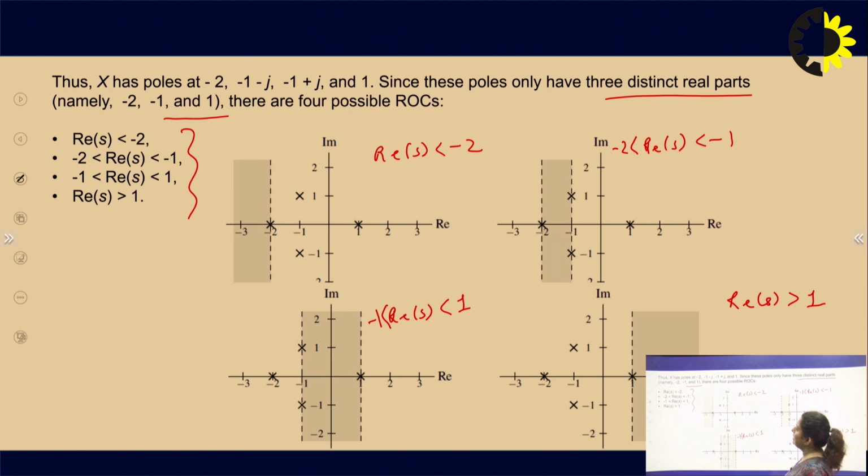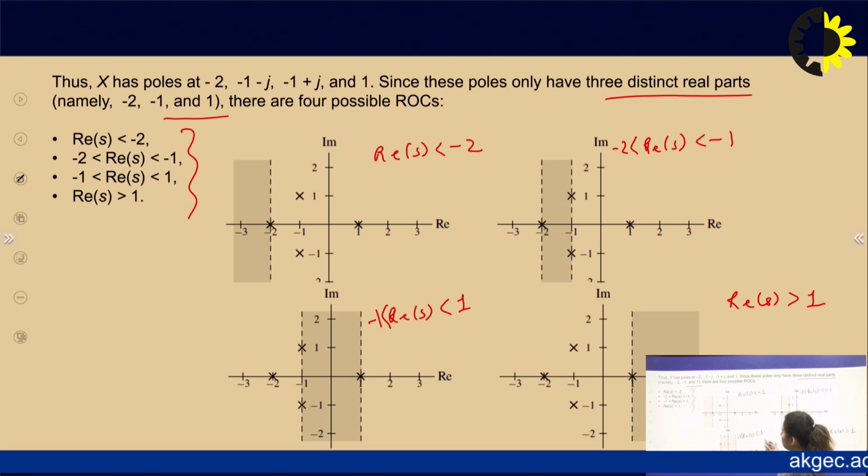So with the help of poles only we can find out the possible ROCs for the given Laplace transform.